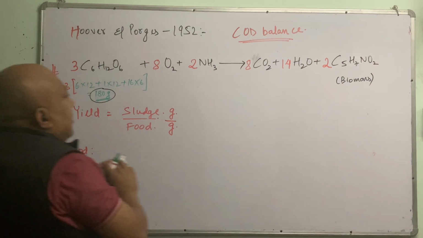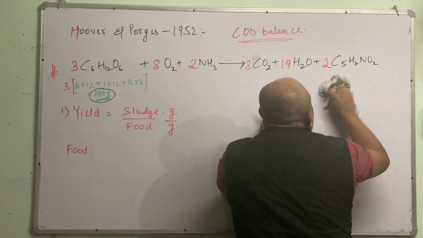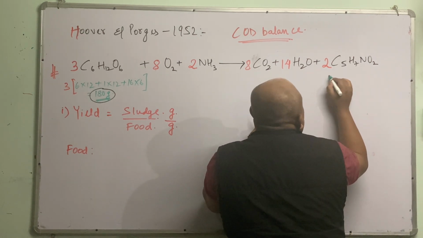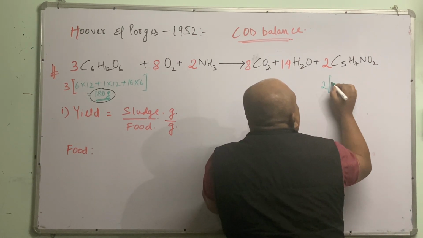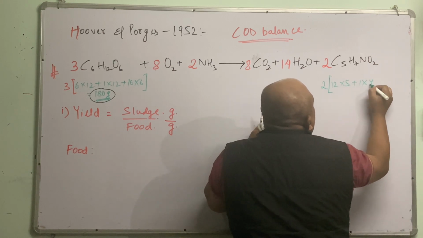And then this biomass is 12 into 5 plus 1 into 7.